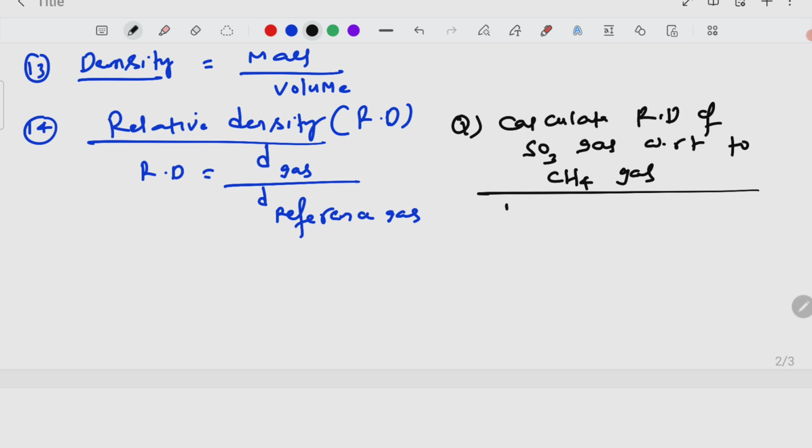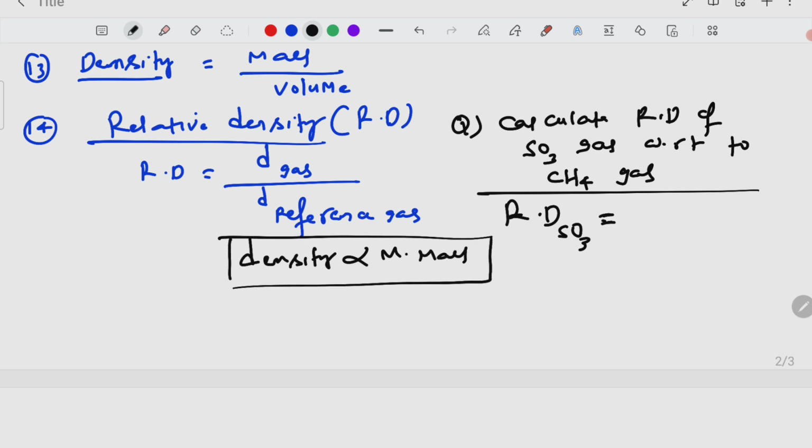So how do we calculate? RD of SO3 is equal to density of the gas. Here density information is not given, but density is directly proportional to molecular mass or molar mass.